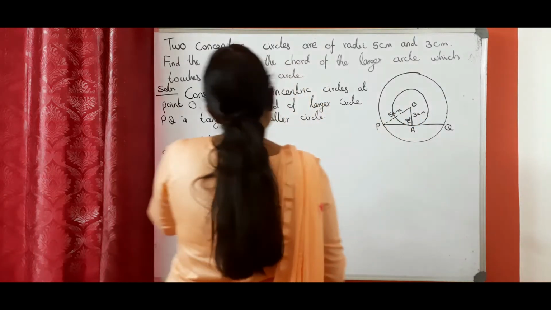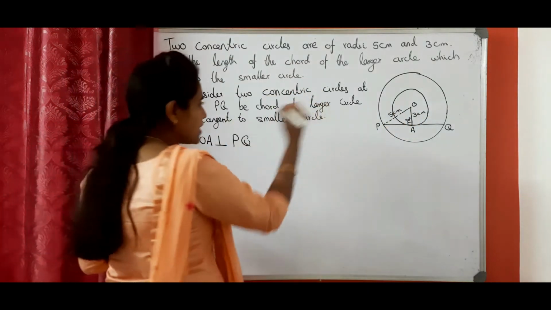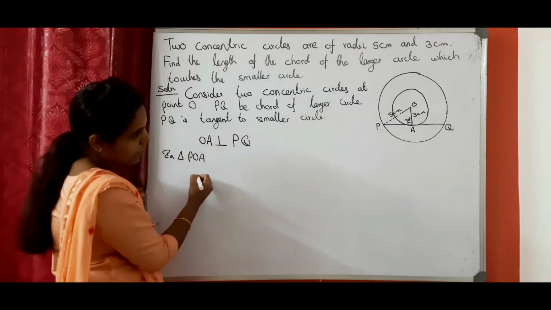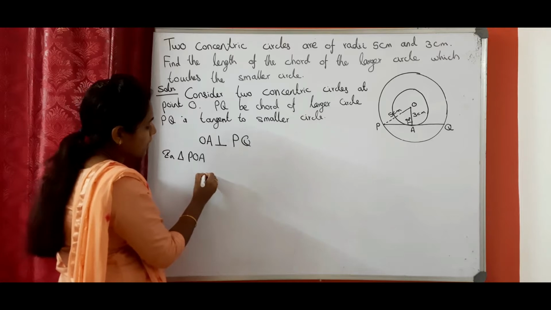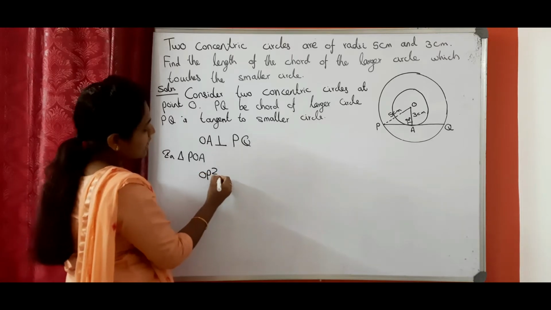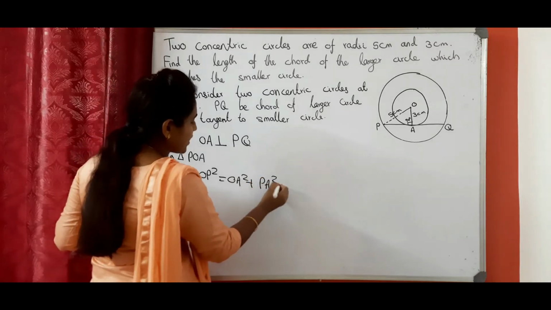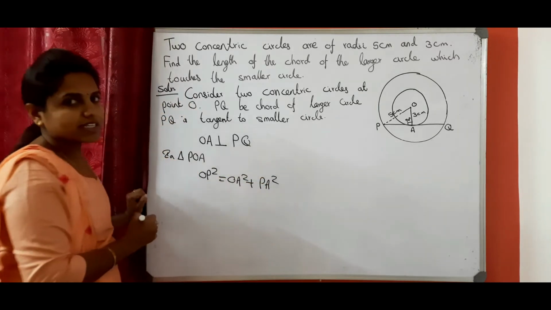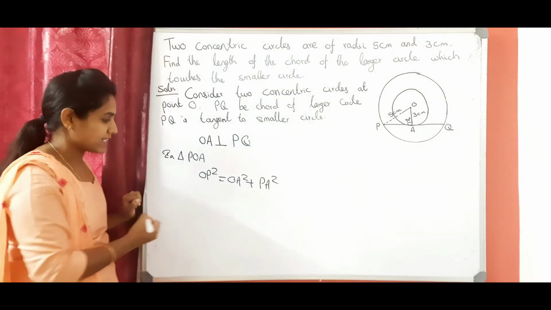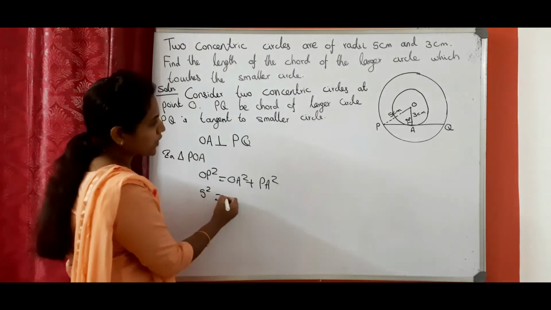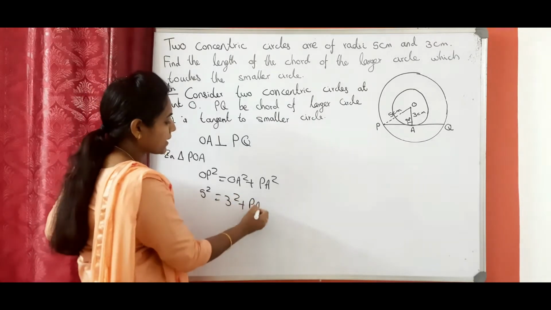PO is the hypotenuse of triangle POA. So by the Pythagoras theorem, OP square equals OA square plus PA square. Here the OP value is 5 square, and OA is 3 square, plus PA square.